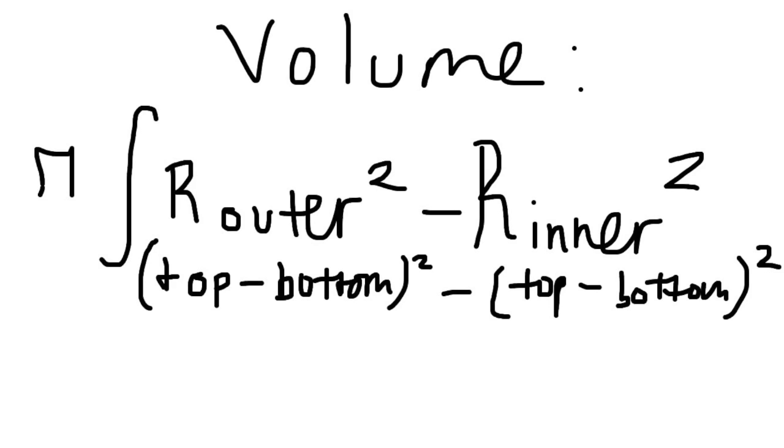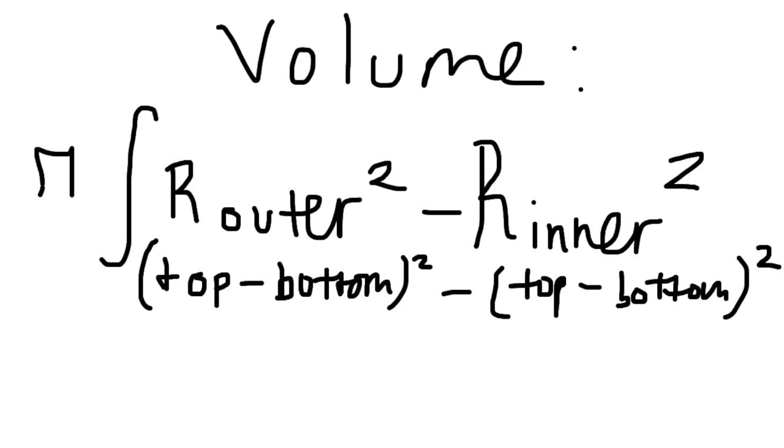And so in each of the R outer and R inner, either the top or the bottom will be 0, because that's the horizontal line that the x-axis makes. So you have to figure out, based on the graph which we looked at earlier, whether these two functions are above or below the x-axis, because that'll determine whether the x-axis is the top or the bottom. And for both of these functions, the x-axis is below, so that'll be the bottom.